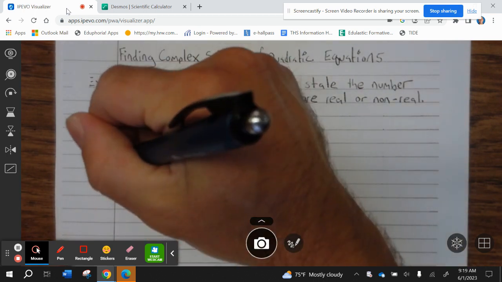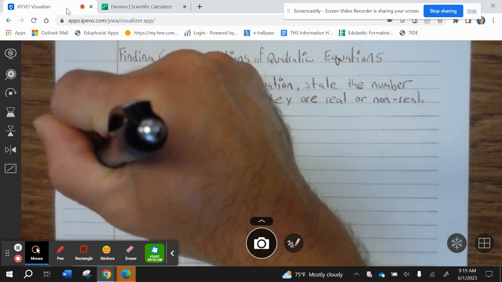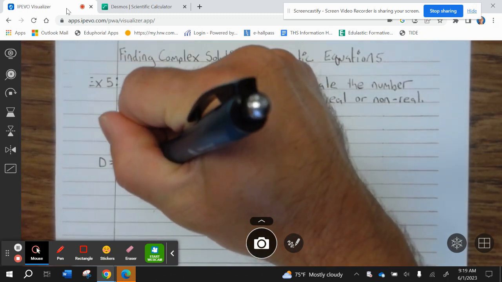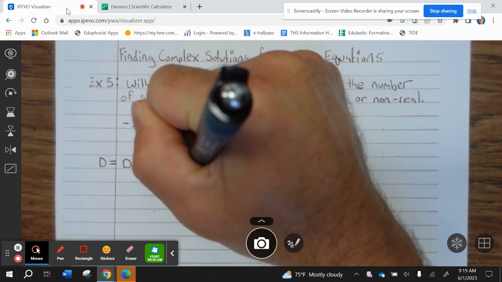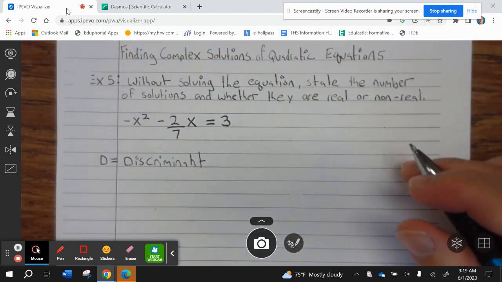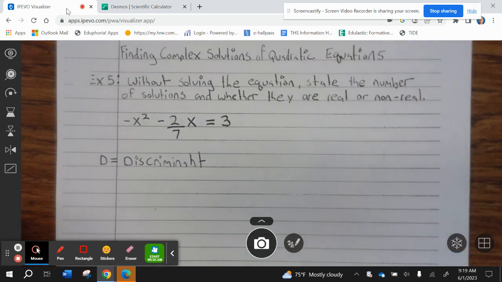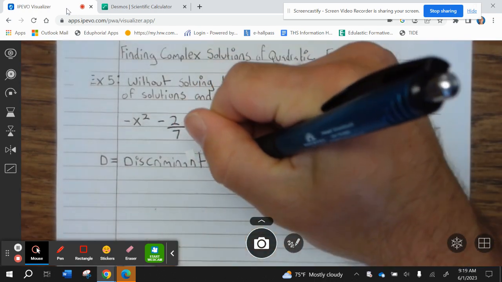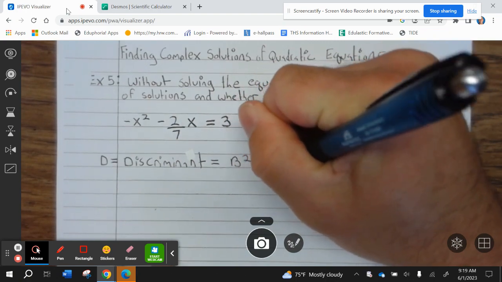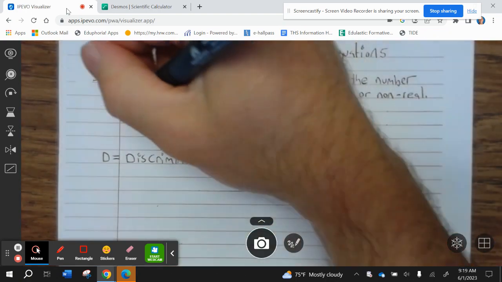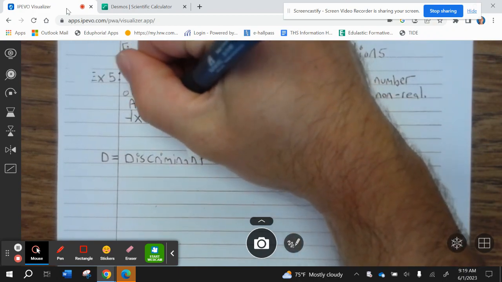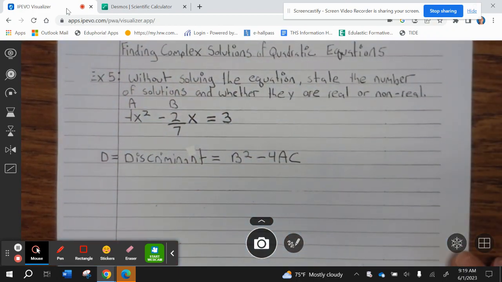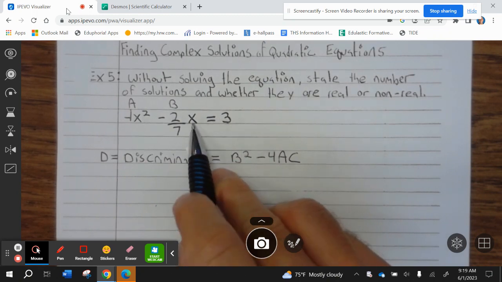Okay, so remember the discriminant, which we're going to call D, equals b squared minus 4ac, where this is a, this is b. Oh, no, wait a second. We have to have everything on one side before we can have a, b, and c.